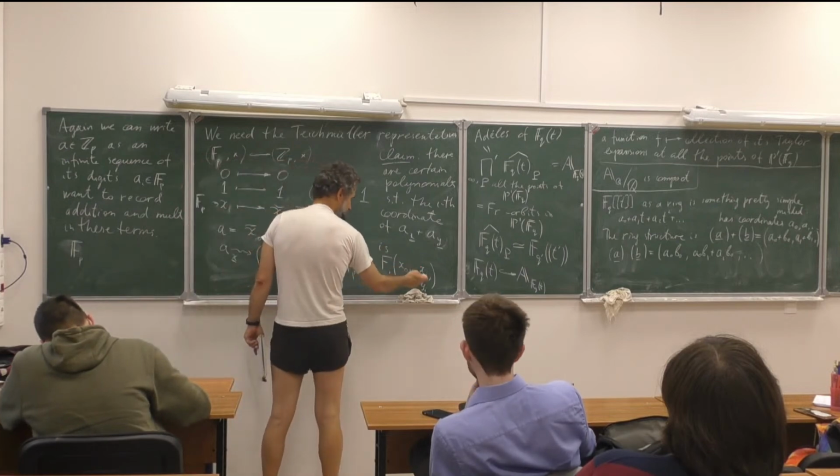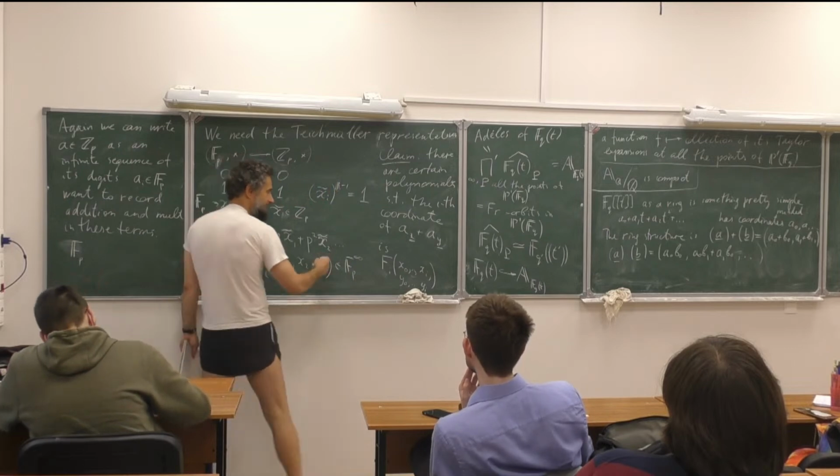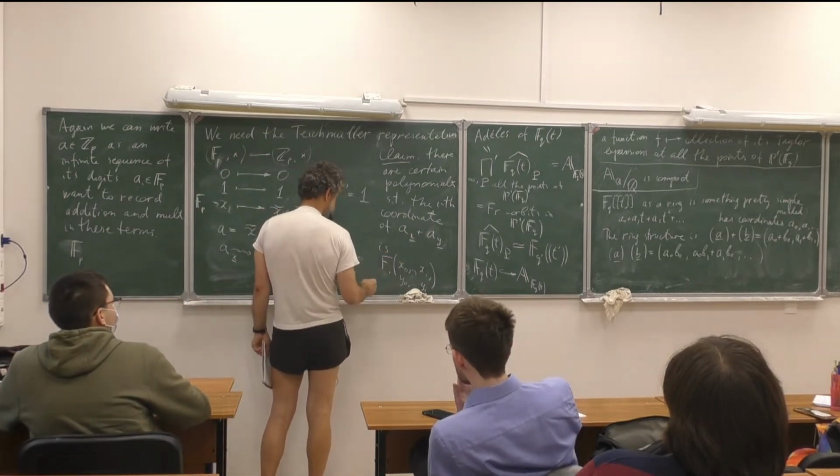A polynomial of 2i plus 2 variables. And the same for the product.